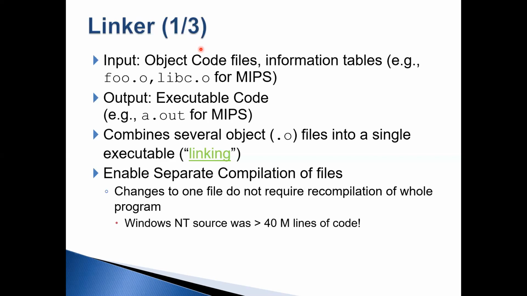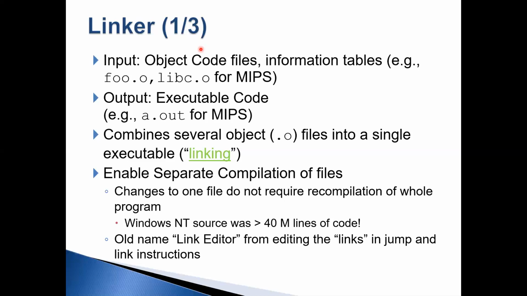And with the new Windows 10, I would think it is more than 60 or even 80 million lines. So that's why it's not efficient to recompile the whole program every time you change a line or two. Just think about how much time it takes to load the whole project into Visual Studio if you want to use it to update your Windows source file. It's pretty much impossible.